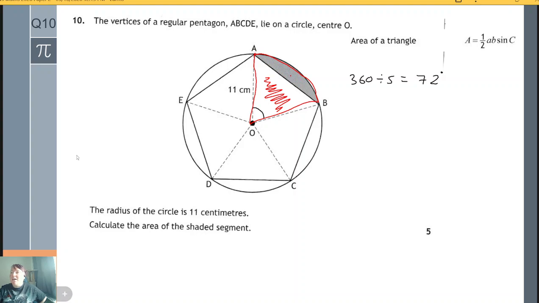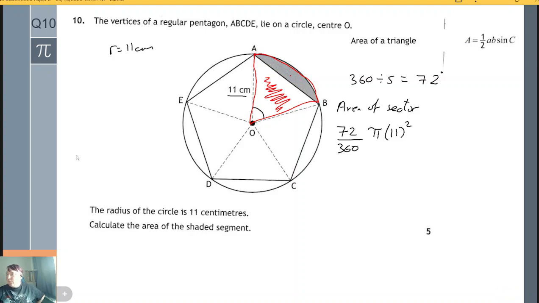Our area of the sector of the circle: remember the area of a circle, and we're looking for a sector of it. So we want 72 out of the 360 possible degrees times the area of a circle, pi r squared. And we know our radius is 11, so r equals 11 centimetres.